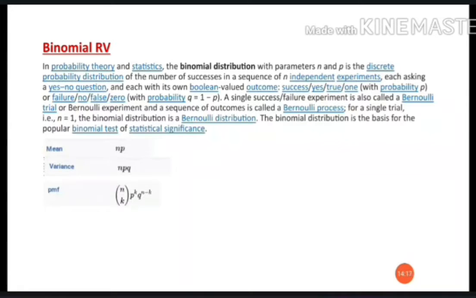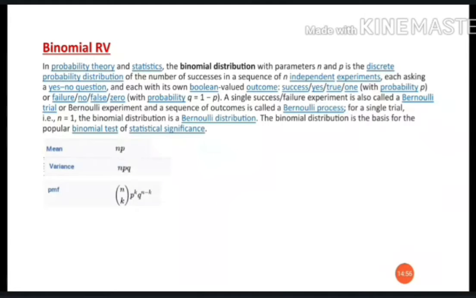That is, q equals 1 minus p. A single success or failure experiment is also called a Bernoulli trial or Bernoulli experiment, and a sequence of outcomes is called a Bernoulli process. For a single trial, that means n equal to 1, the binomial distribution is a Bernoulli distribution. The binomial distribution is the basis for the popular binomial test of statistical significance.